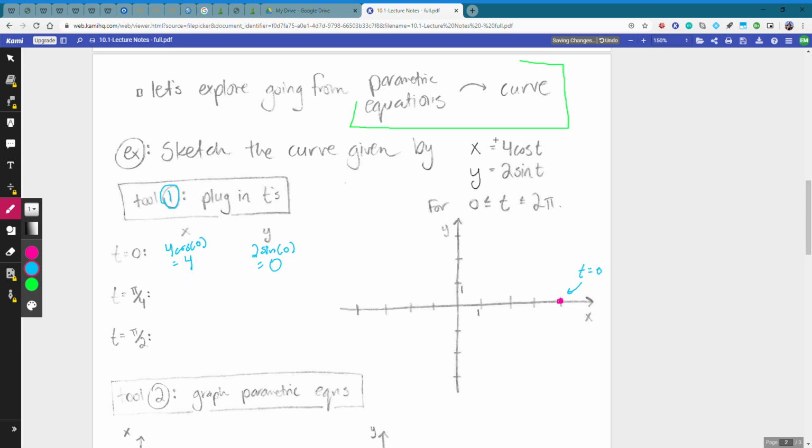All right, and similarly, we can plug in pi over 4 for these t's. Right, these are just nice trig values to plug in. What do we get? We'll get 4 times cosine of pi over 4. So here we'll get 2 root 2. And then over here we'll get, for y, 2 times sine of pi over 4.